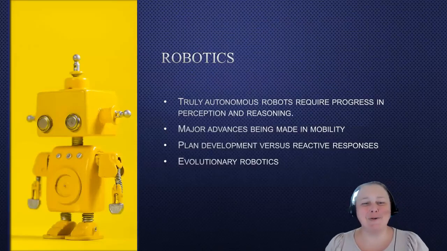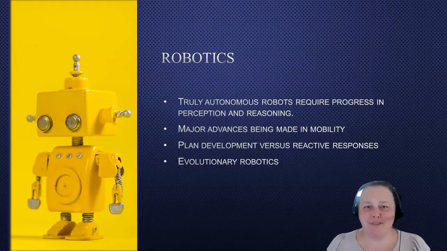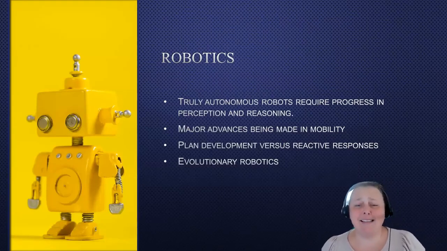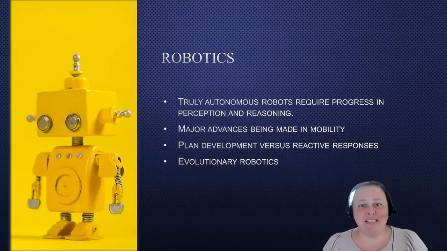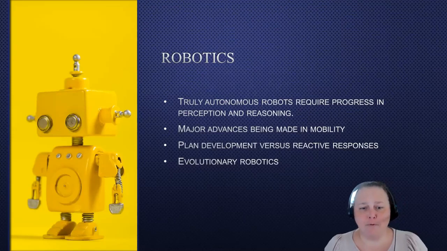Robotics. Robotics are truly autonomous robots that require progress in perception and reasoning. So it is going to take anything that it has and the results of it and learn from it. It uses it as new knowledge. There are major advances being made in mobility and the way that robots can move.